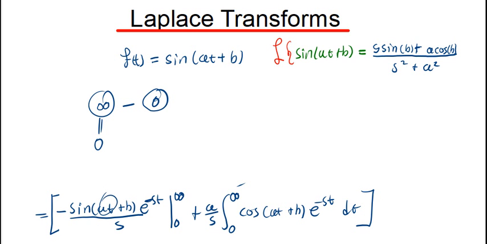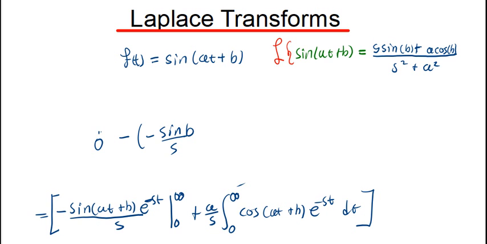So we get a 0 for infinite substitution. Then if you substitute with 0, you get minus sine b divided by that s. So for that part, it just ends up equal to positive sine b divided by s.